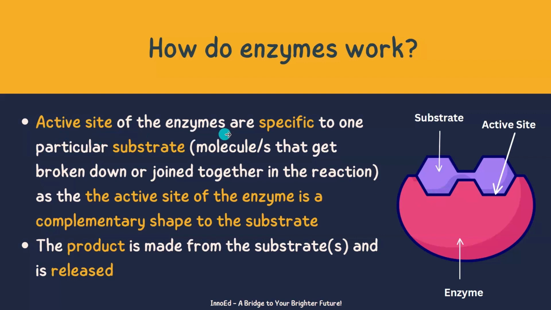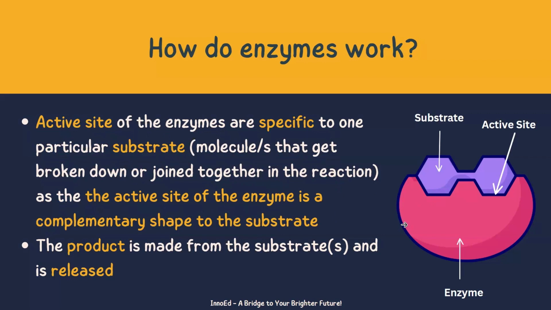Active sites of enzymes are specific to one particular substrate, which are the molecules that get broken down or joined together in this reaction. That particular substrate is complementary to the shape of the active site of the enzyme.